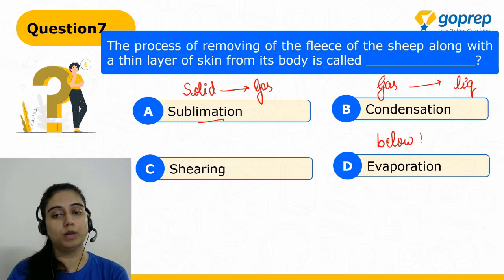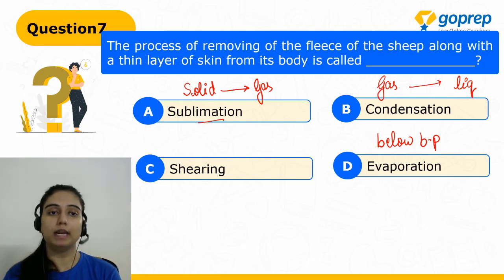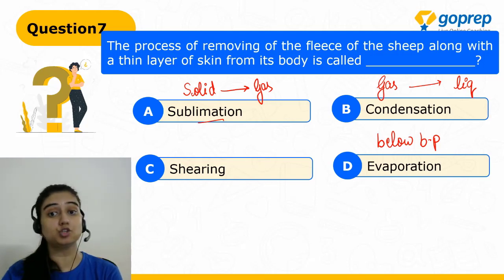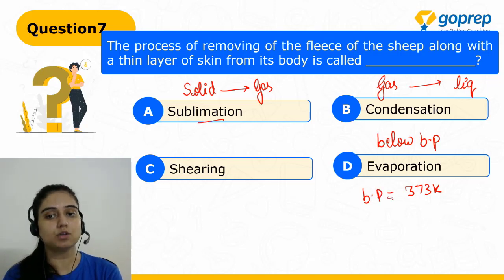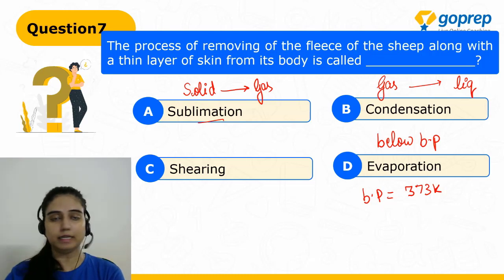Means, if you allow a liquid to boil, it will start to boil at its boiling point. But what about below the boiling point? No liquid can directly reach the boiling point, right? Water has a boiling point of 100 degrees Celsius, or in Kelvin it is 373 Kelvin, right? So it does not directly reach the boiling point.